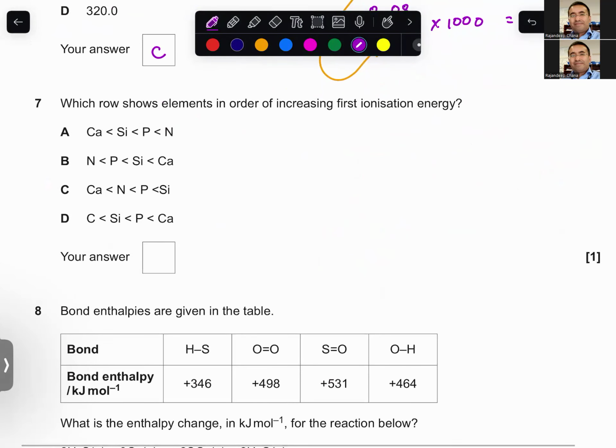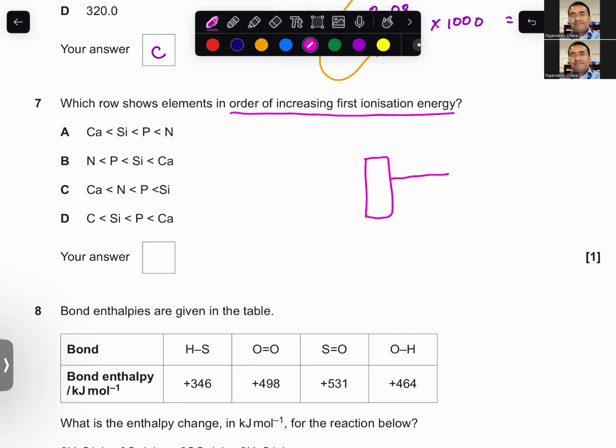In this question, they're asking, what is the order of increasing first ionization energy? Before we even do this, just a reminder with first ionization energy, my periodic table, it's a bit off, put your hydrogen here.